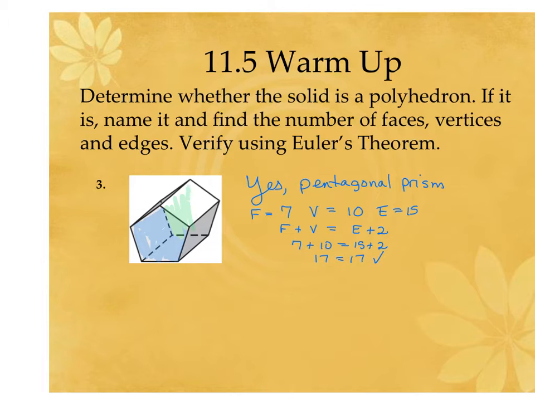You can't really see it, but it's back here. So it's whatever shape you have 2 of, and that names the type of prism you have. So you have 2 pentagons, so this is a pentagonal prism. You have 7 faces, 10 vertices, and 15 edges. You can confirm that those 3 numbers are correct by using Euler's theorem.